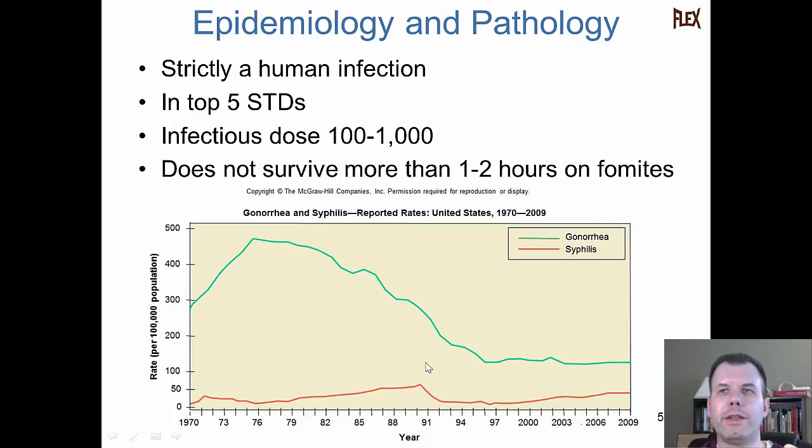However, the number is still anywhere from 100 to 200,000 cases a year. That's a lot of cases every year, and what we do see is that these are reoccurring infections. The same people get the infection, get treated, and then get it again and again. So it's one of these common things we see in a lot of different populations.